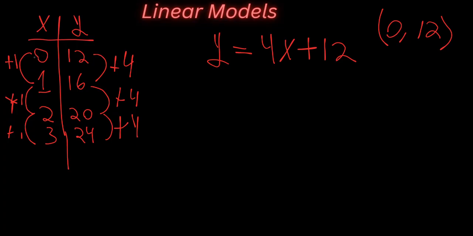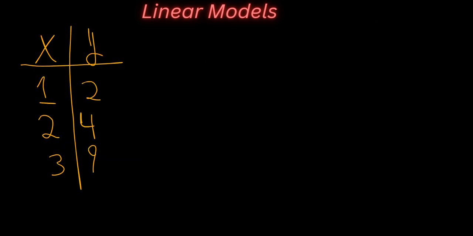Now, let's think about when a linear model will not work. Here we're given the table of x and y. When x equals 1, y equals 2. When x equals 2, y equals 4. So we see that on the x values, we're increasing 1 each time.